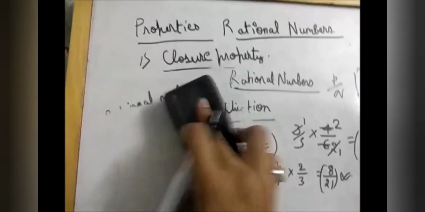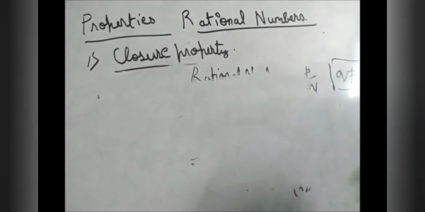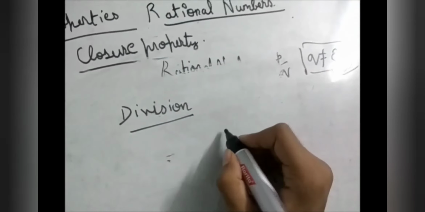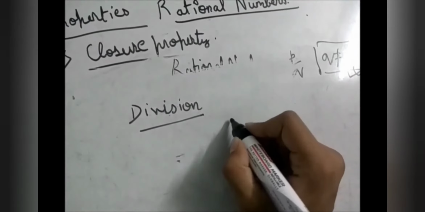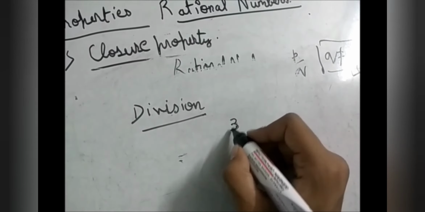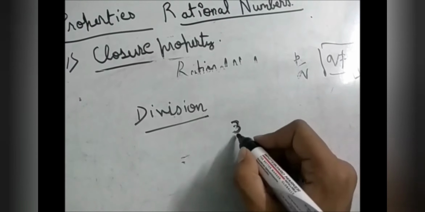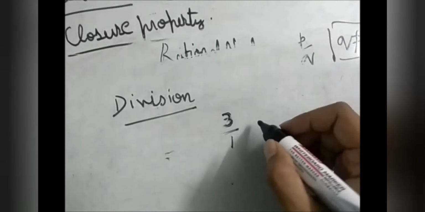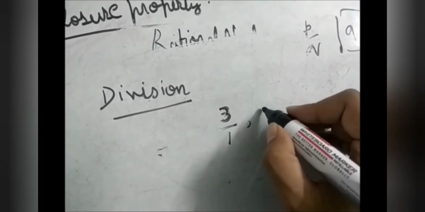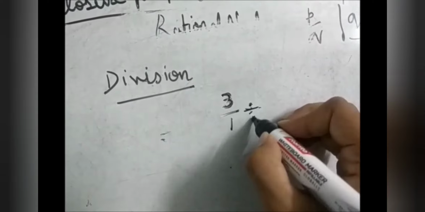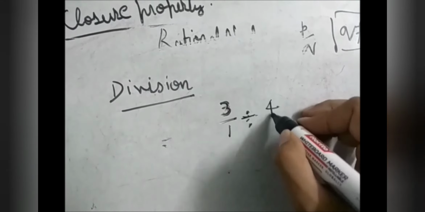Now if we take division, as I had mentioned earlier, 3 is a rational number which can be written as 3 by 1, and we can take 3 by 1 divided by 4 by 2.